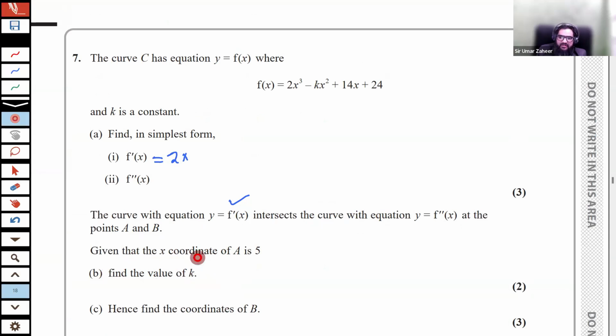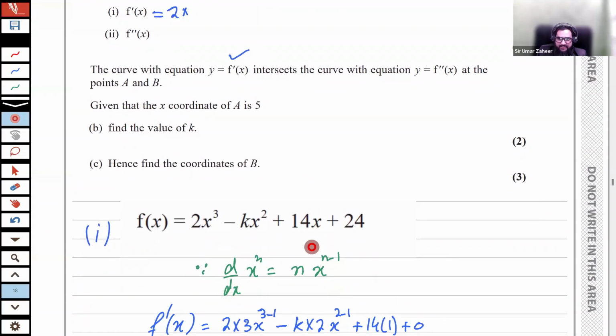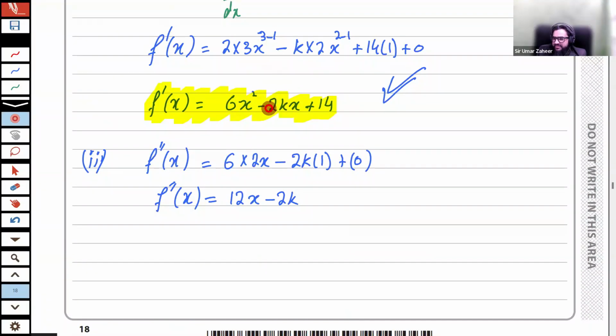Obviously, if they intersect, then we can solve these equations simultaneously. So we have 6x squared minus 2kx plus 14k, and we have 12x minus 2k. I'm just going to name them: let's say this is equation 1 and this is equation 2.